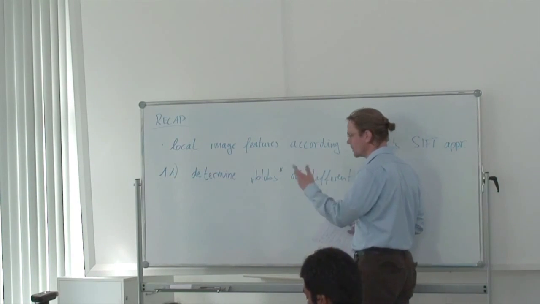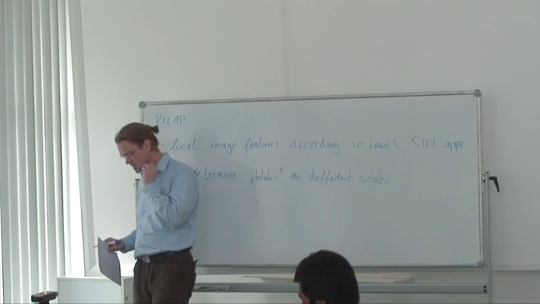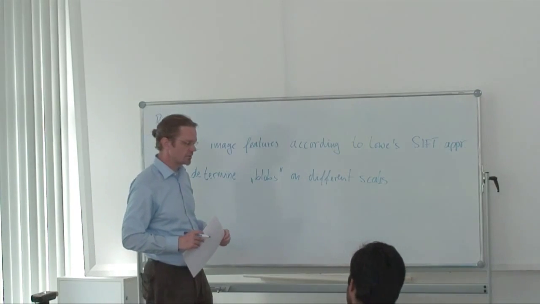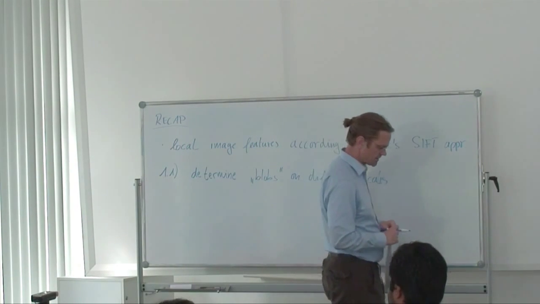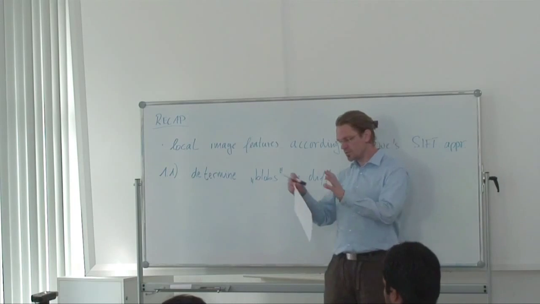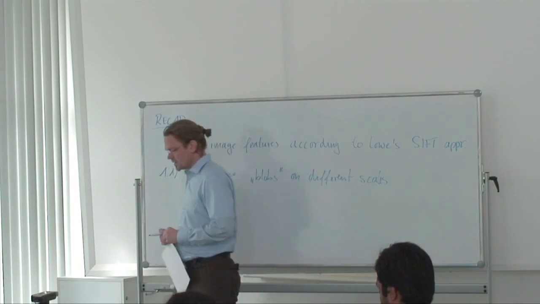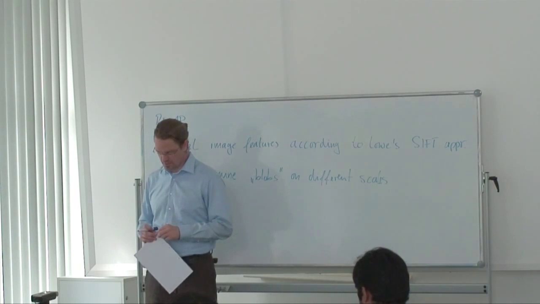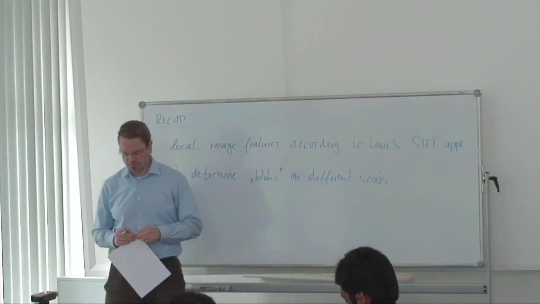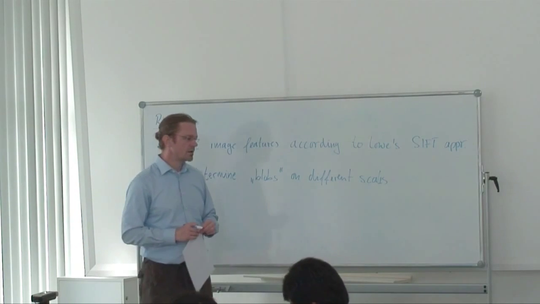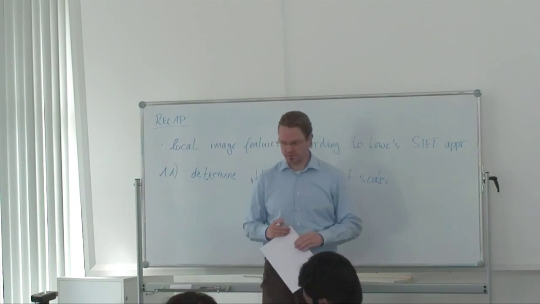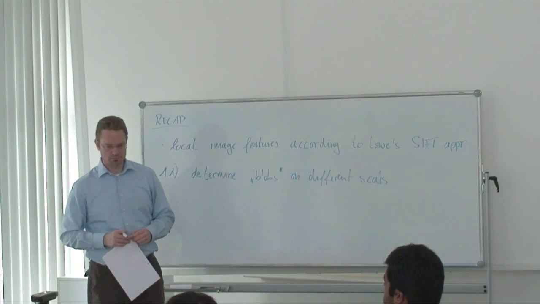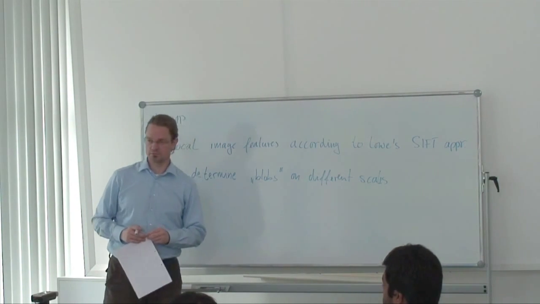I will not go through the computational steps once again, but just recall that when we talk about blobs, that refers to regions within an image that on different scales, or we may also think about them as looking at the image at different resolutions, appear to be blob-like, either bright, rather round spots, or dark, rather round spots.